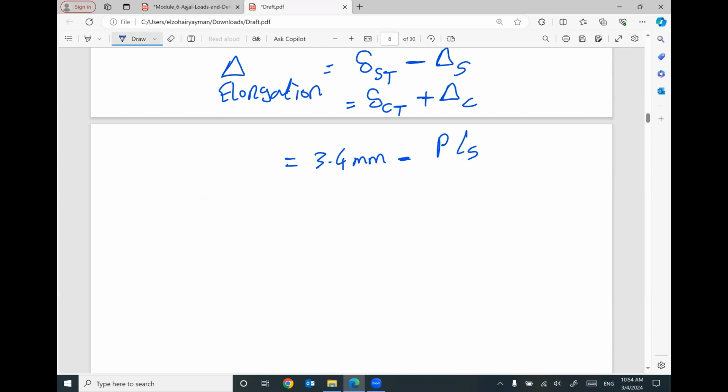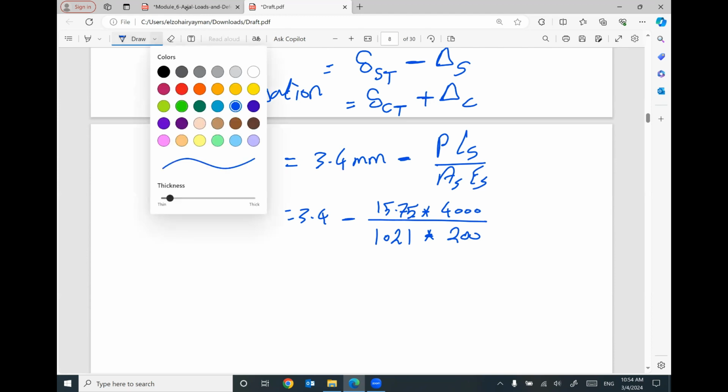So 3.4 millimeter minus the applied force 15.75 times 4,000, the L of steel, which is the length of the composite column, area steel 1,021, E steel, I'm sorry, equal to 200 gigapascal.